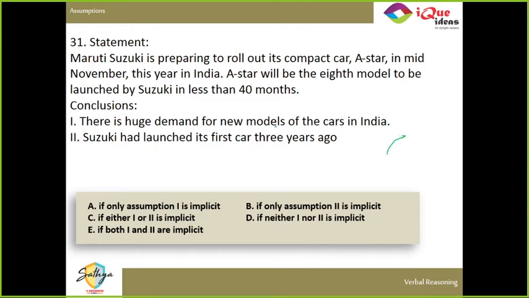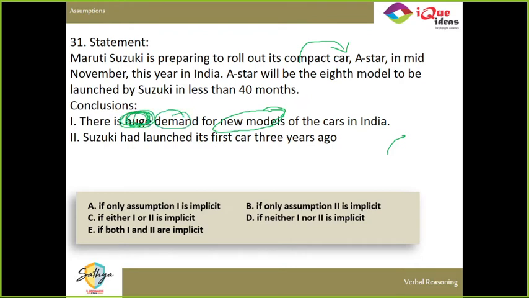Whether there is a huge demand for new models or not, does it make a difference to a company launching a new car? Maruti can roll out new cars even if there is no huge demand. Even if there is a moderate demand, it can still do it. Right? Demand, yes, but does it have to be huge?